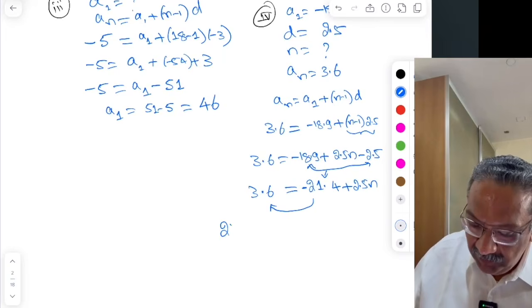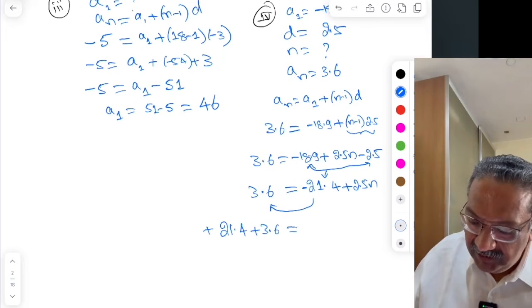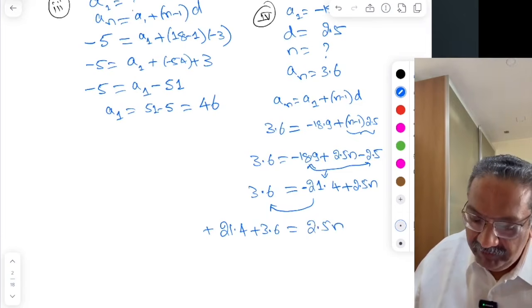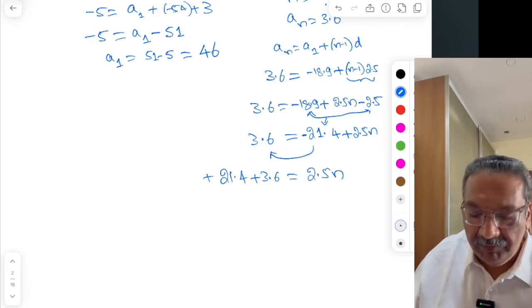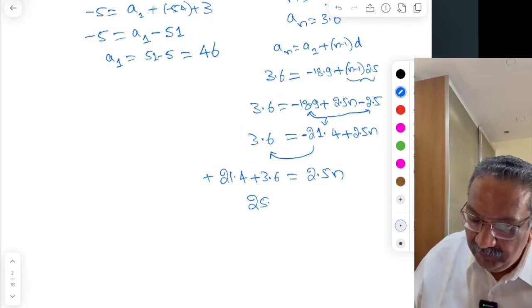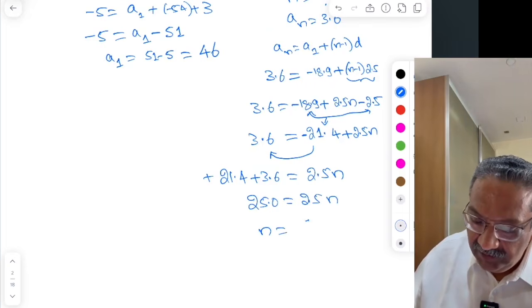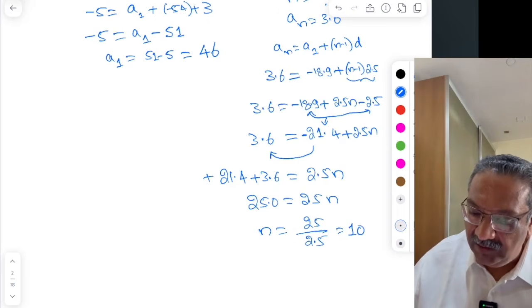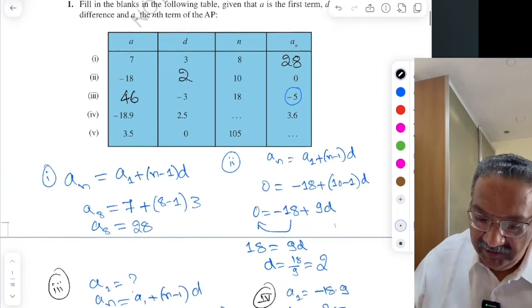So 21.4 plus 3.6 is equal to 2.5n. If we add this, 25.0 is equal to 2.5n. N is equal to 25 divided by 2.5, which is 10. So the answer is n is 10.